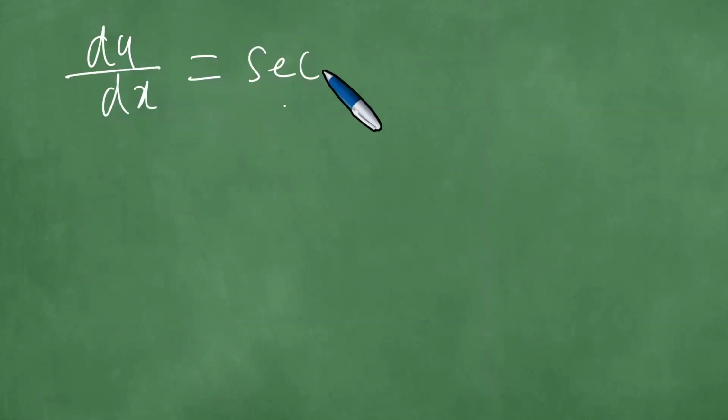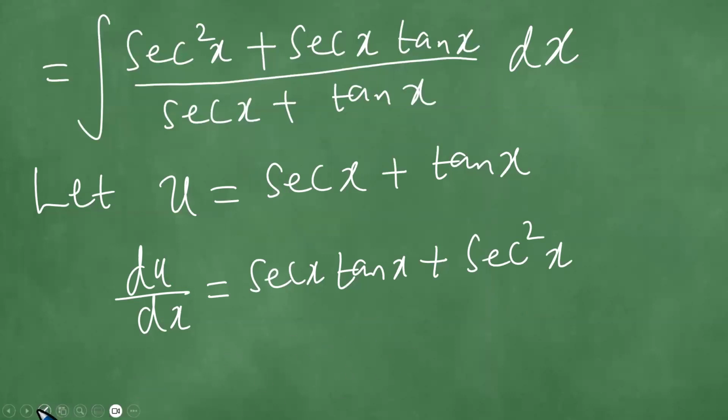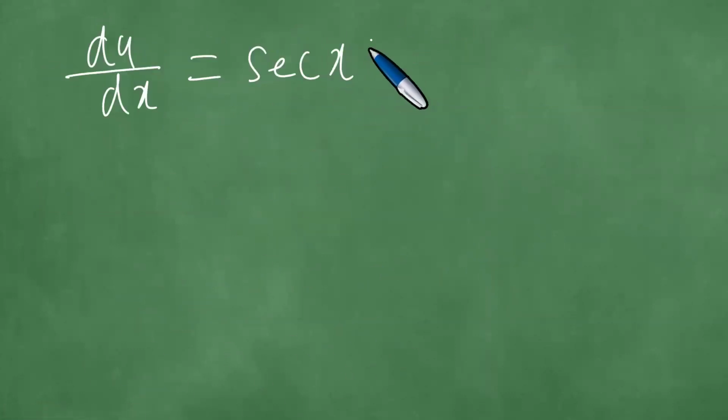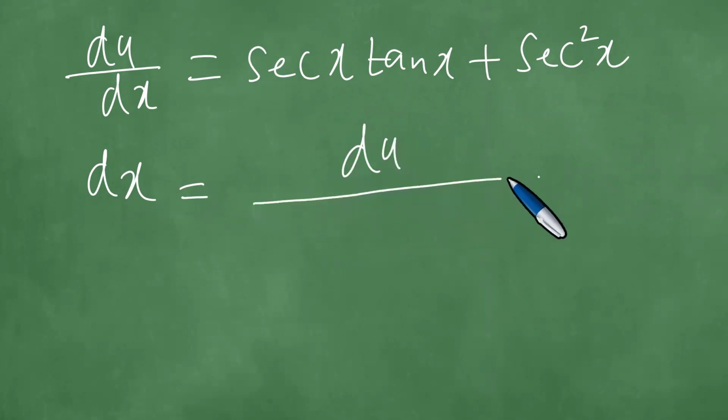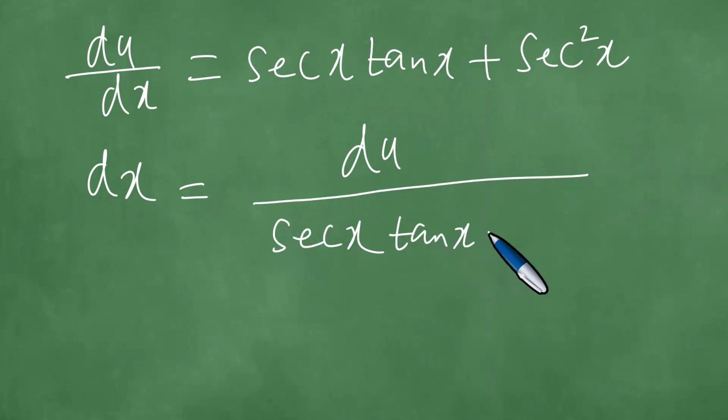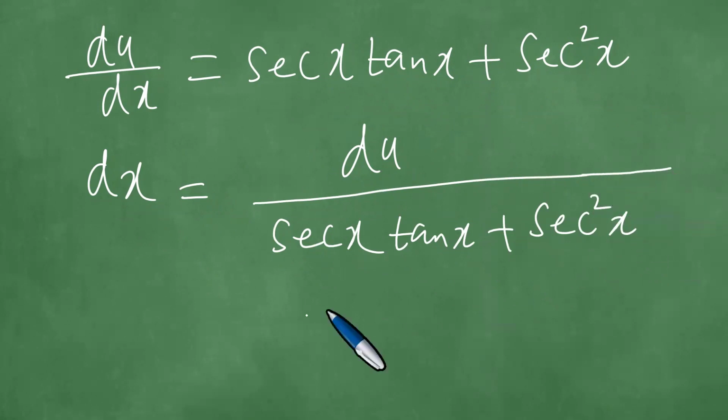So we have du/dx equal to the secant of x tangent of x plus the secant squared of x. And what is then dx? dx is du divided by the secant of x tangent of x plus the secant squared of x.